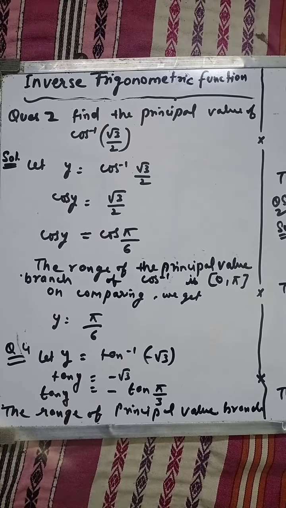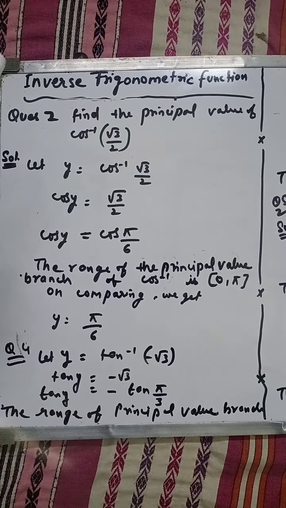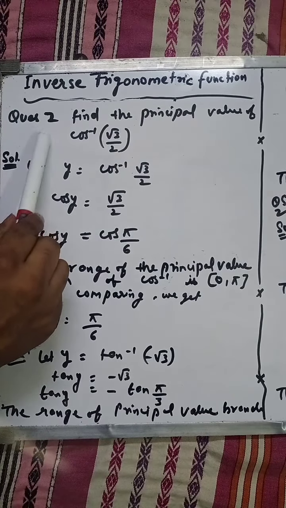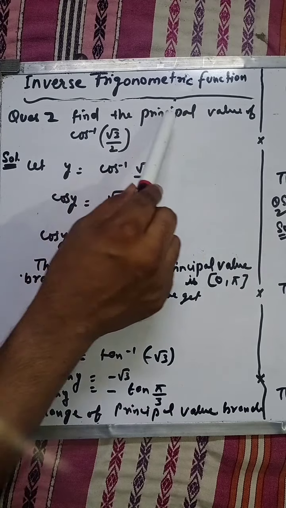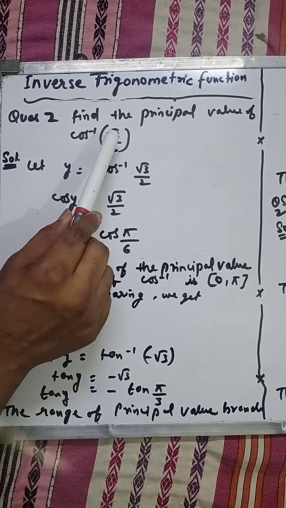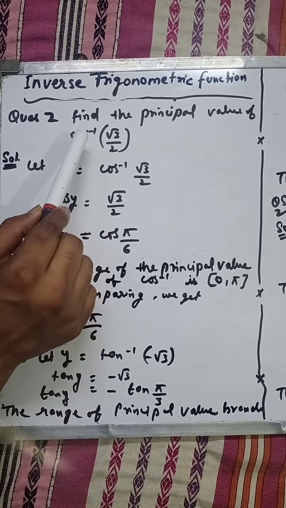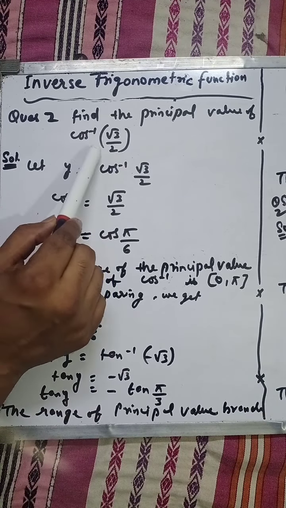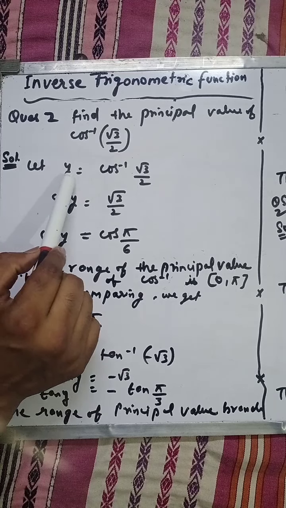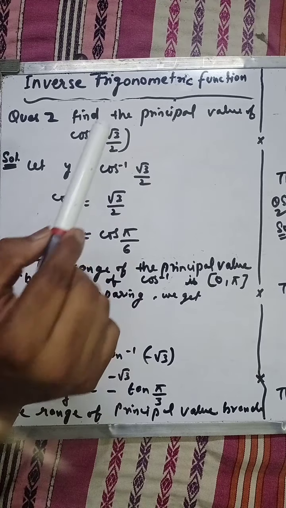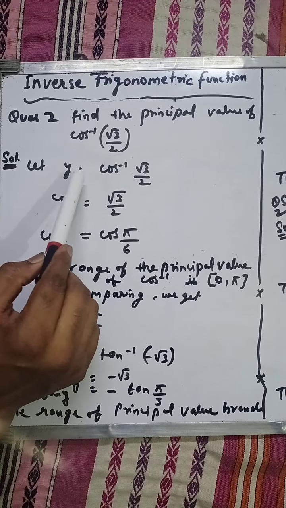Now this is your question number 2 of your NCERT. In this question, find the principal value of cos inverse root 3 by 2. So first we are assuming that y equals to this.